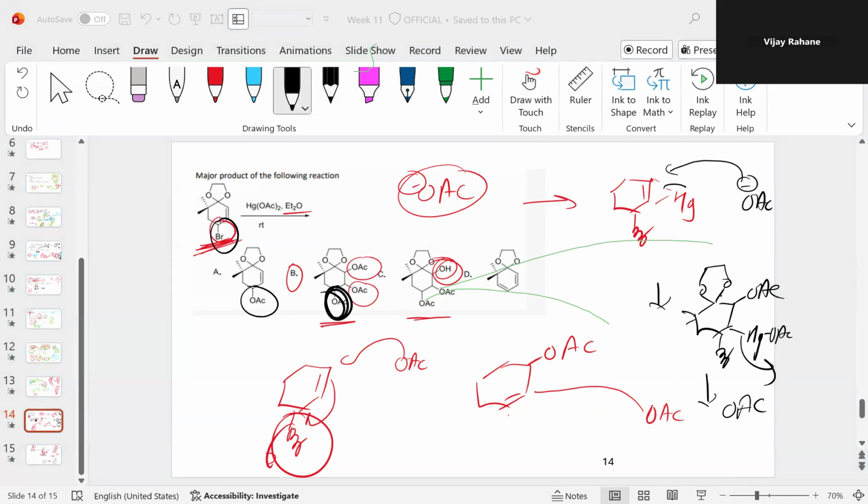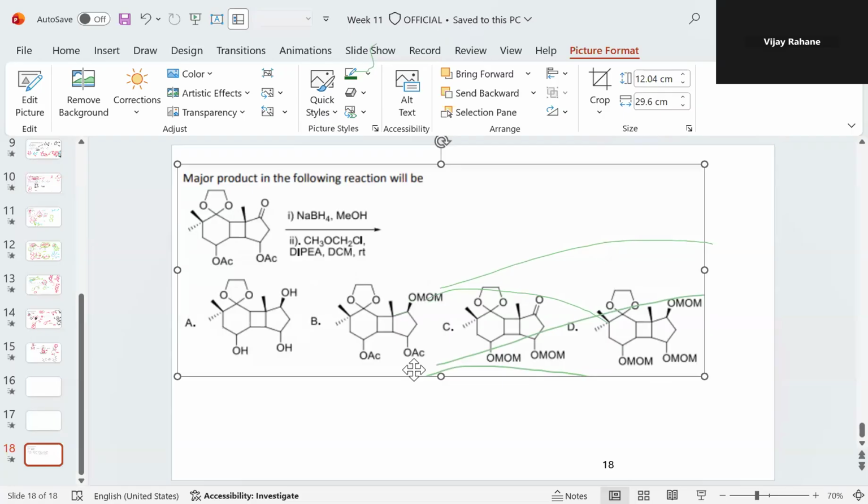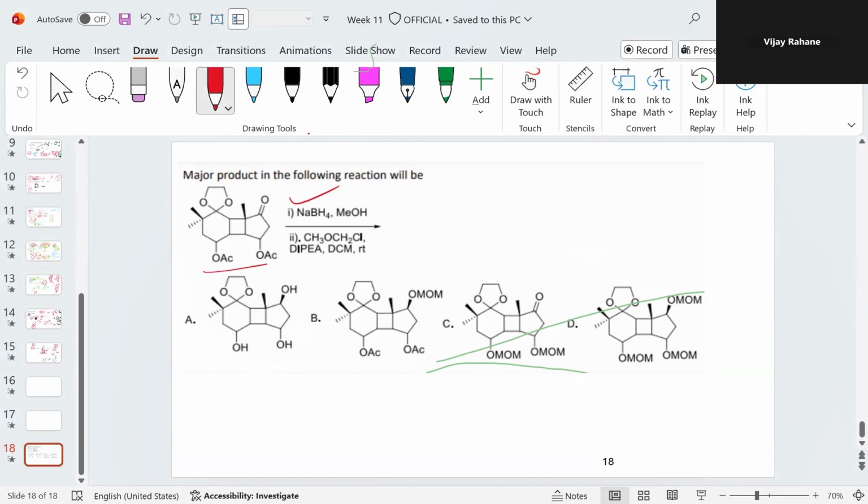Okay, the next question. This is the starting material we have, and the reaction of this molecule with NaBH4 and methanol.